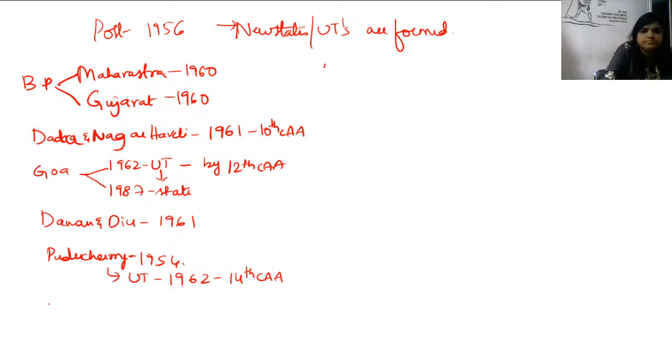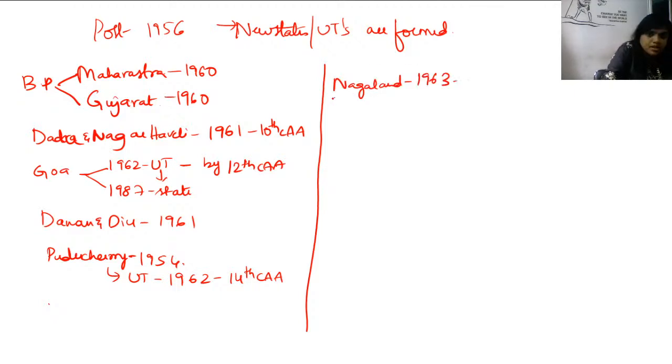Next, you have Nagaland, created in 1963. Haryana, Chandigarh. Means the Punjab province was divided into Haryana and Chandigarh in the year 1966.